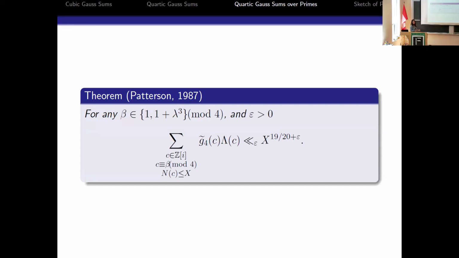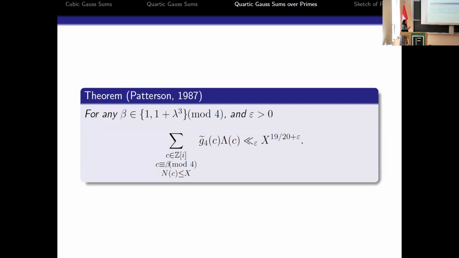His result is more general than that. First off, I only stated it in this way, but his result is actually for nth Gauss sums, not just quartic Gauss sums, and it also incorporates a twist.